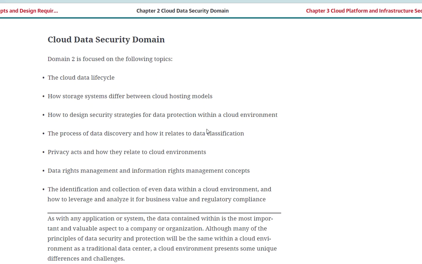All right, so this is chapter 2 of the CCSP certification. Chapter 2, Cloud Data Security Domain.